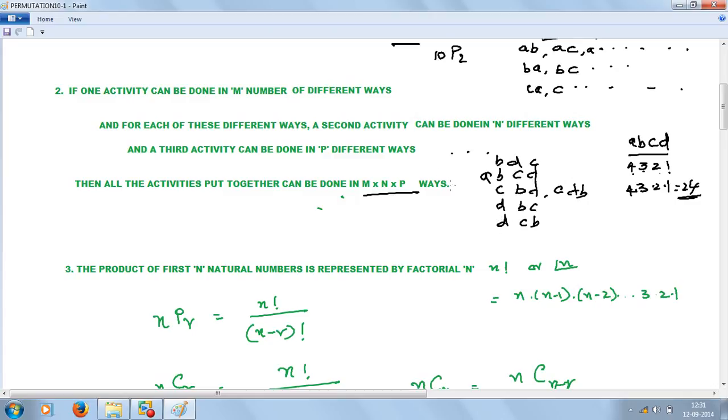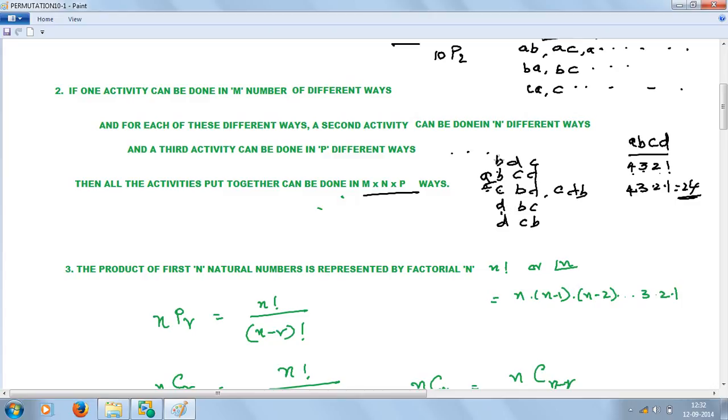Similarly, the first letter can be B, or the first letter can be C. When the first letter is A, the second letter can be B, C or D: 3 ways.